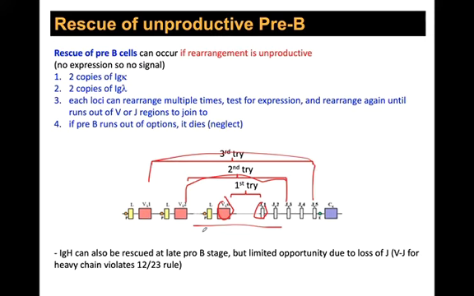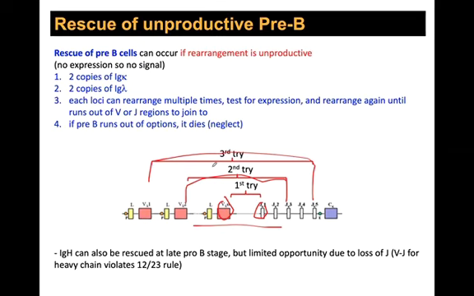And the only thing that you're going to run out of is eventually you're going to run out of most likely J gene segments, right? If you run out of J's, there's nothing to recombine to, so you'd have to switch to the other loci for that same light chain or the other light chain. So you've got lots of options here. If eventually you keep doing this and you don't get a productive expression, then that cell dies.